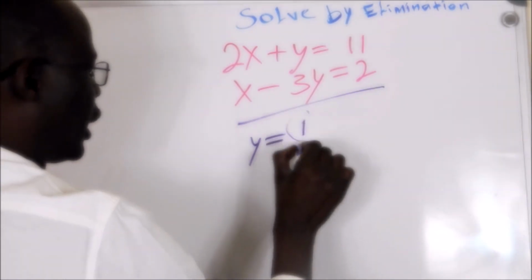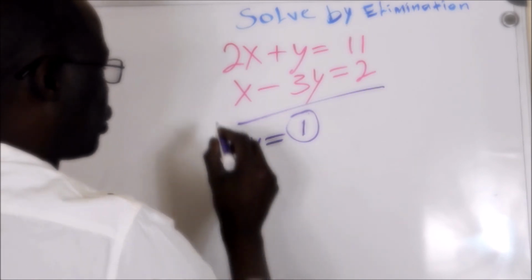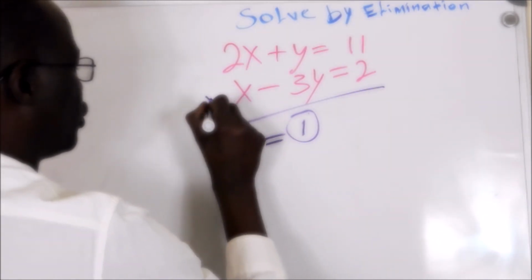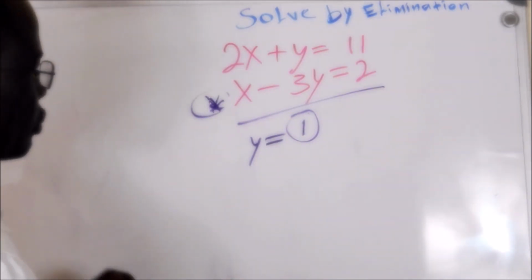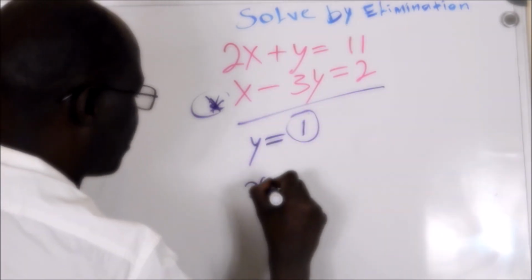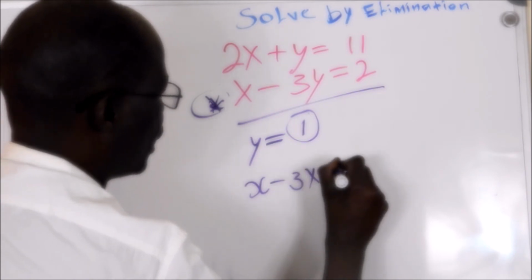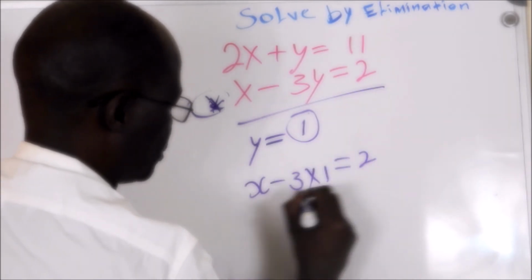You can take 1 and substitute it for y in the one on the bottom. So we're going to use this one. It should be x minus 3 times 1 equals 2.